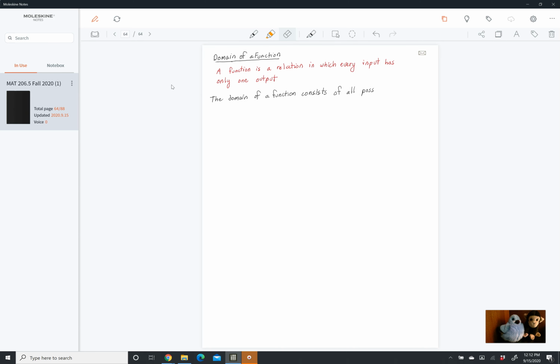And we're going to be concentrating mostly on domain, but there is a range, okay, and we'll talk a little bit about this. So the range of a function consists of all possible outputs.